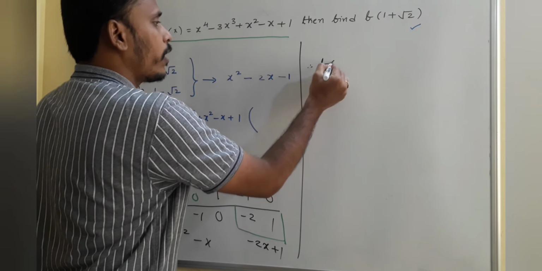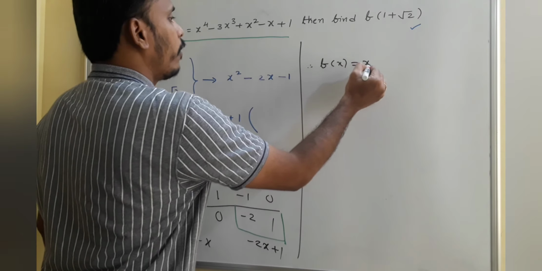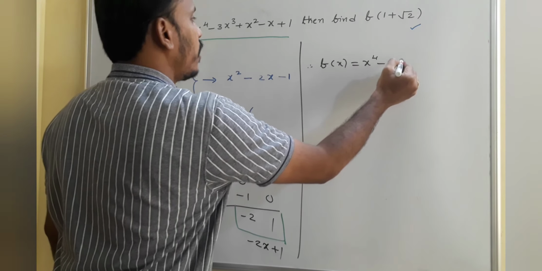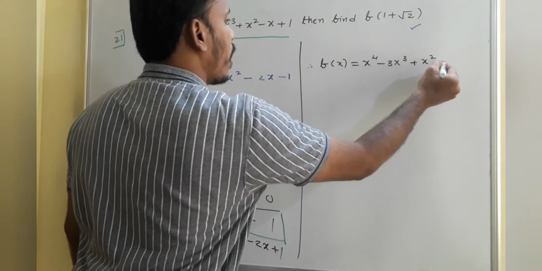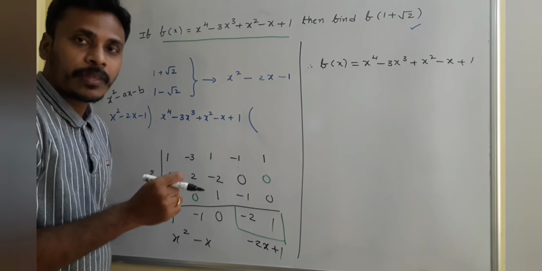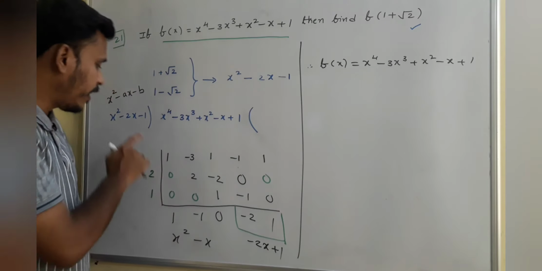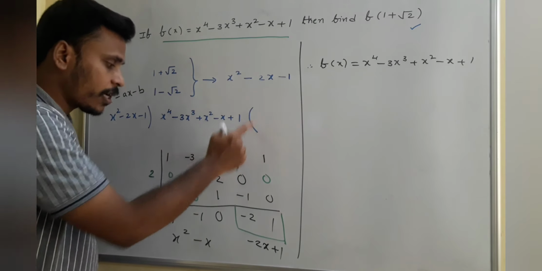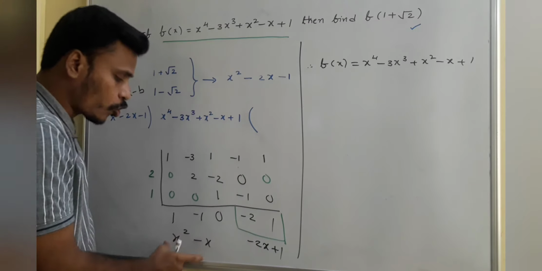Therefore, f of x is the given polynomial, which is x power 4 minus 3x cube plus x square minus x plus 1. This polynomial is the dividend, and we express that dividend as divisor into quotient plus remainder. Remainder is this, quotient is this.